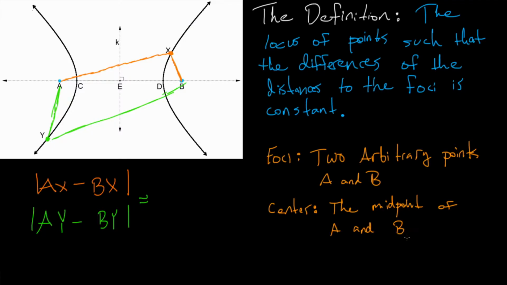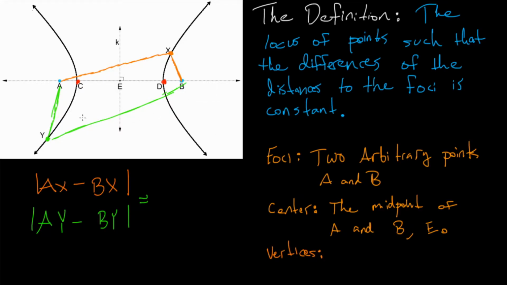Here we are calling this point E, the midpoint of A and B. All right, the hyperbola also has vertices, just like the ellipse and the parabola. So here we have C and D. All right, C and D are our vertices.